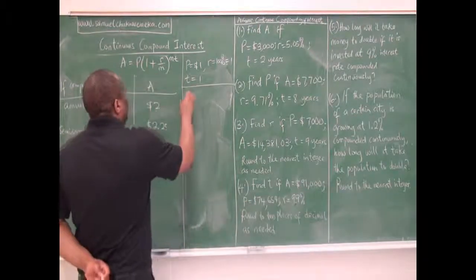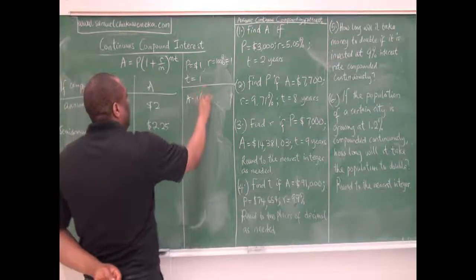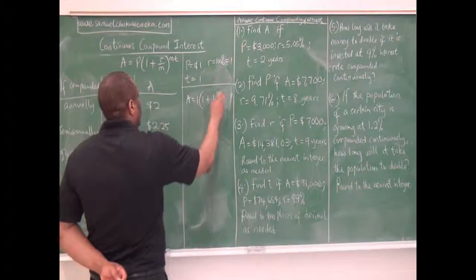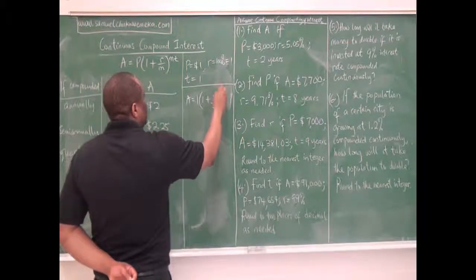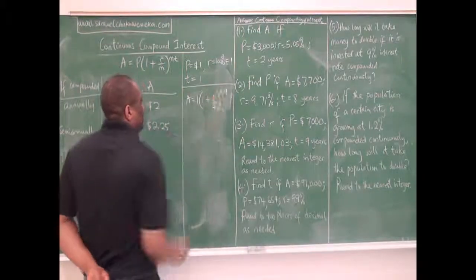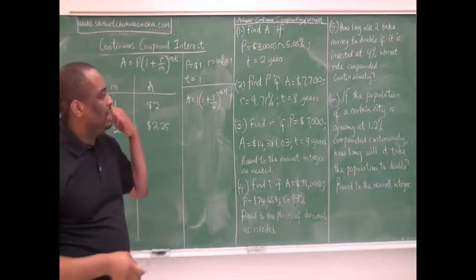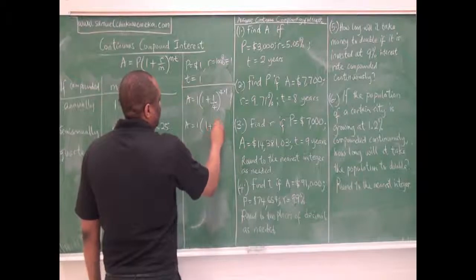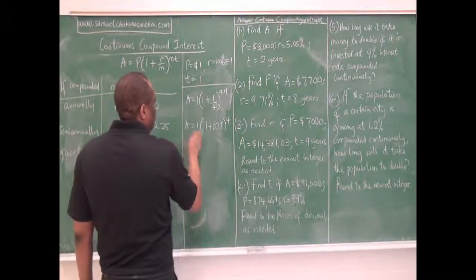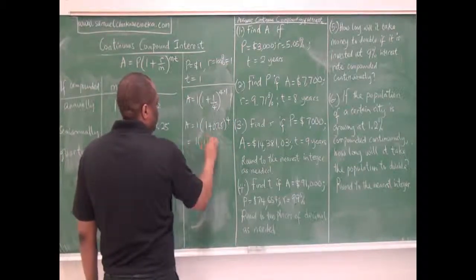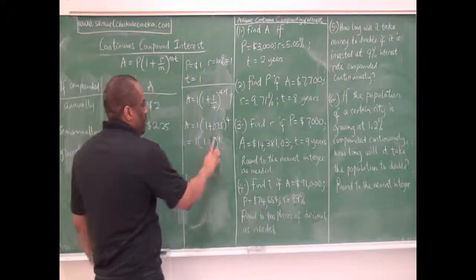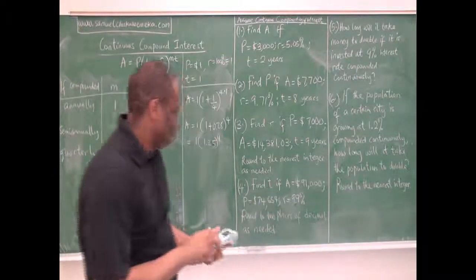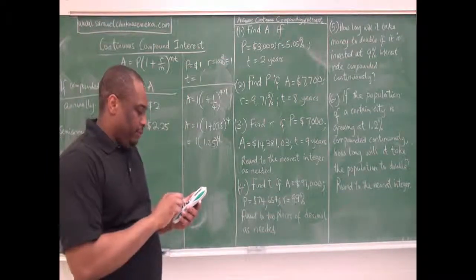So A will be $1 times (1 plus R over M, which is 4), raised to 4 times 1. Okay? So that will give you 1 plus 0.25 raised to the power 4, which is 1.25 raised to the power 4.